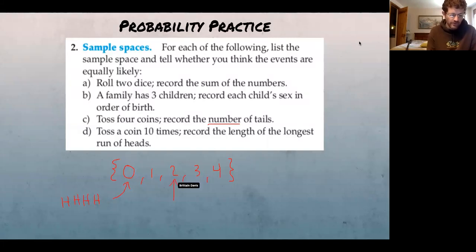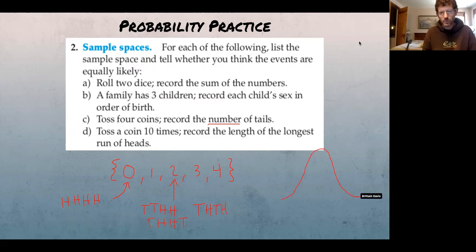In 4 coin flips, we could do tails, tails, and then heads, heads. We could do tails and then get 2 heads in a row, and then another tails. We could do tails, heads, and I'm not going to list all of them, but there's lots of possible ways that we could get 2 tails. It turns out this is another distribution that looks normal. So they're not equally likely, and 2 is the most common outcome.